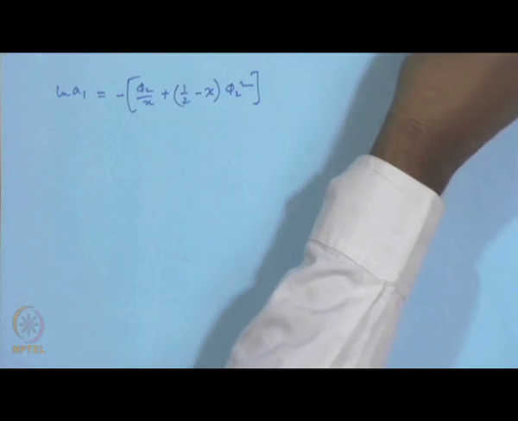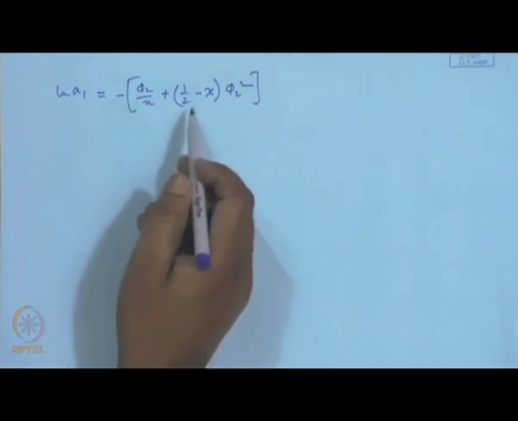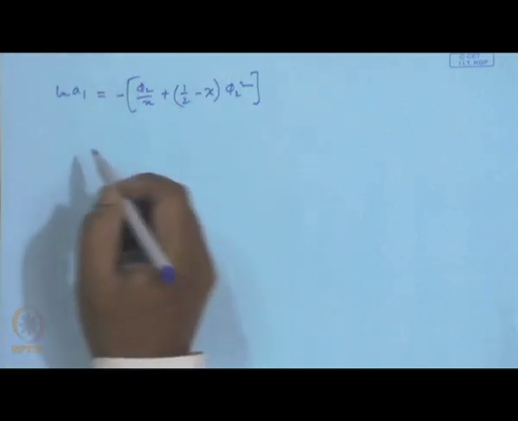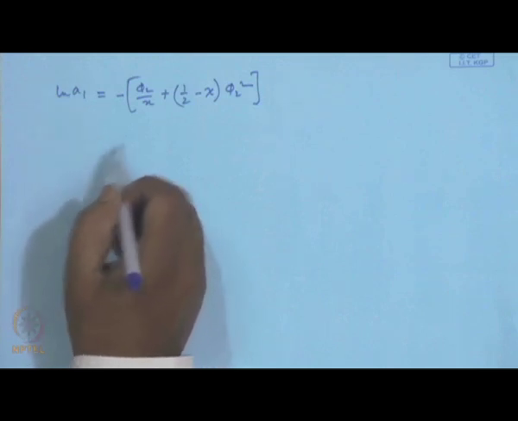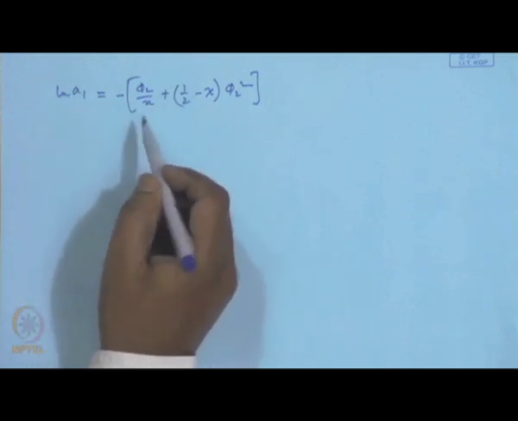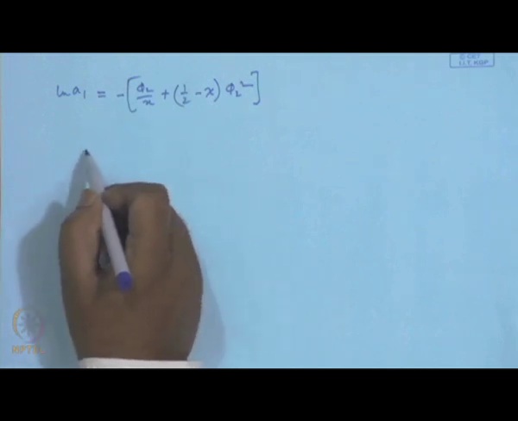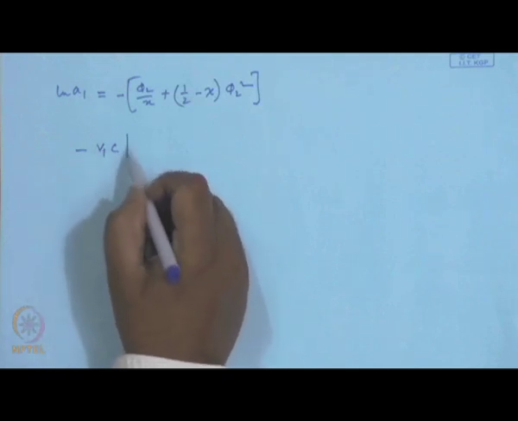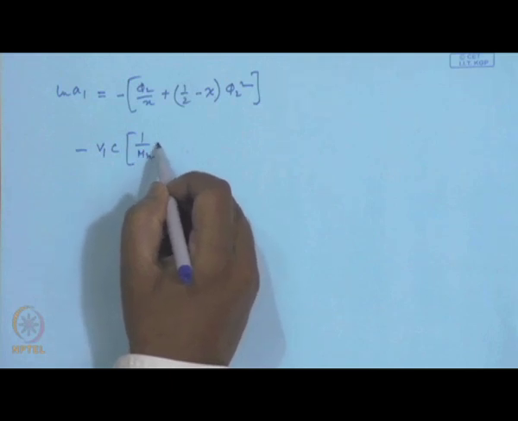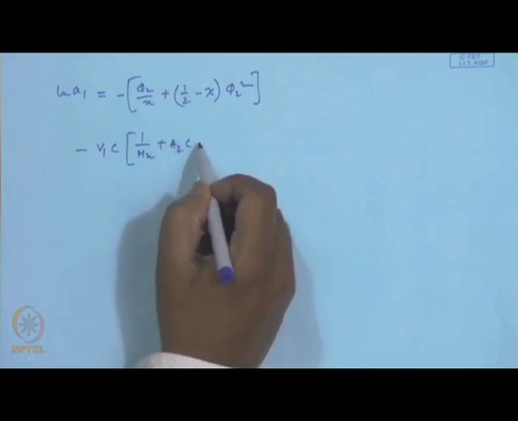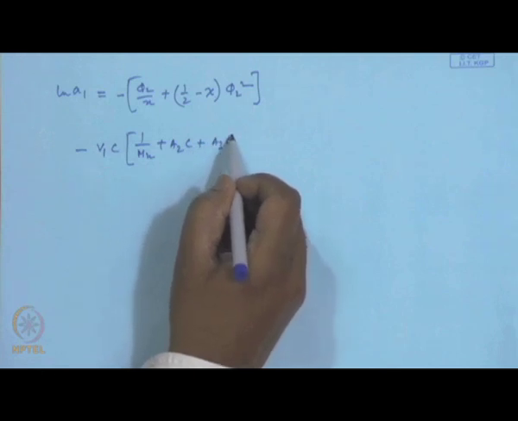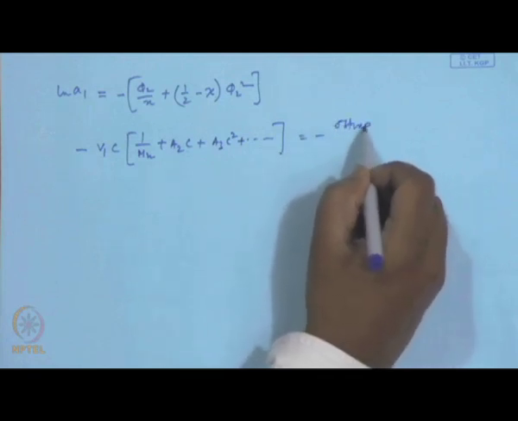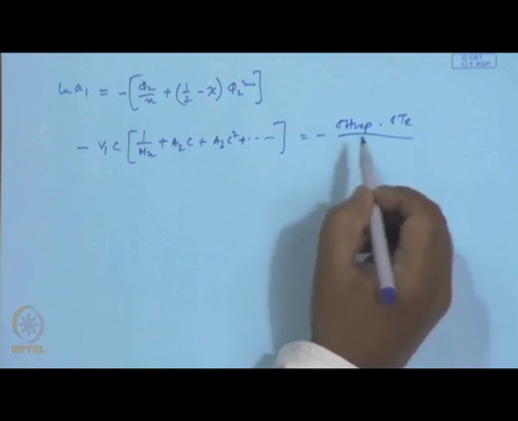So, if you compare the earlier equation and the derivation we did for osmotic pressure, we can simply write this part as minus V1 C, where V1 is the molar volume of the solvent, 1 by Mn, minus delta H evaporation delta Te.